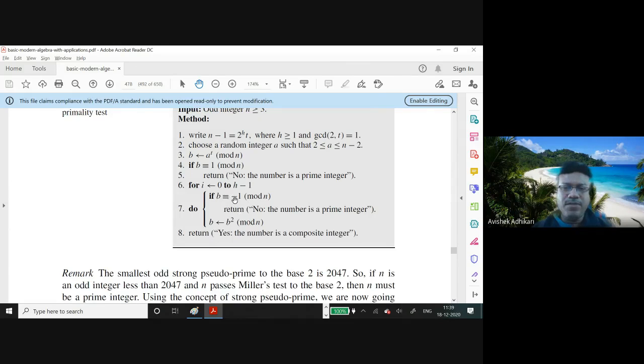If none of them is minus 1 in between, that means it comes to the end. And when it comes to the end, that means you will either end up with a plus 1 or minus 1 or star, and then your conclusion will be the number is a composite integer. Clear?